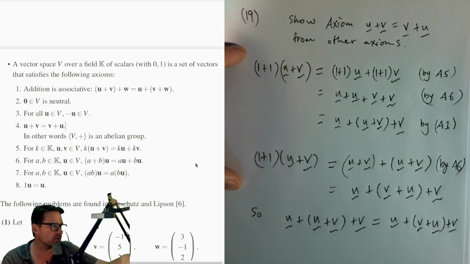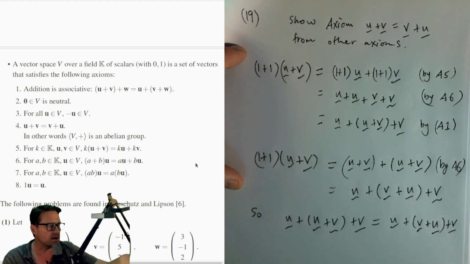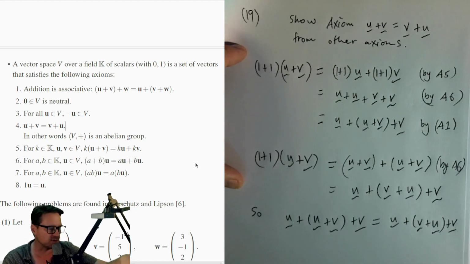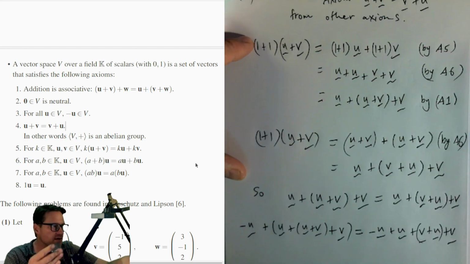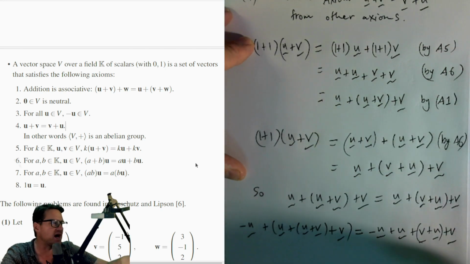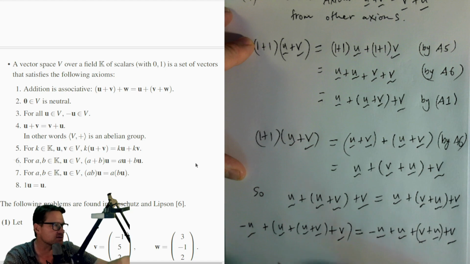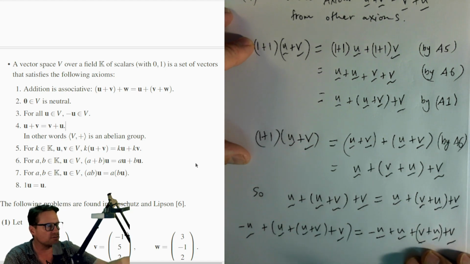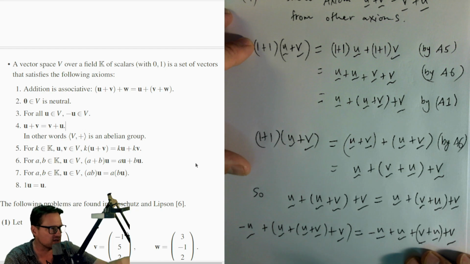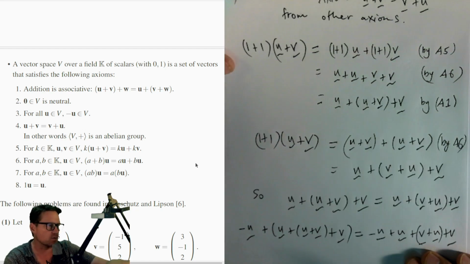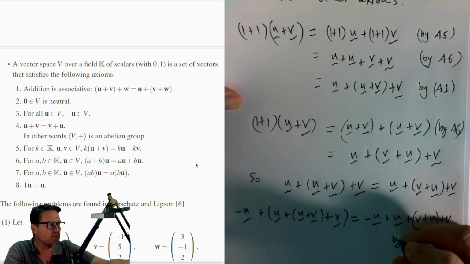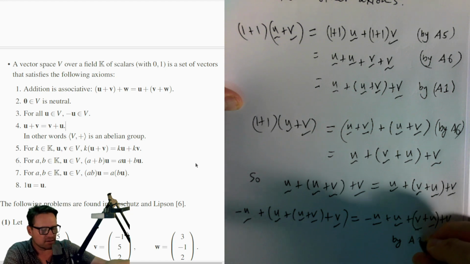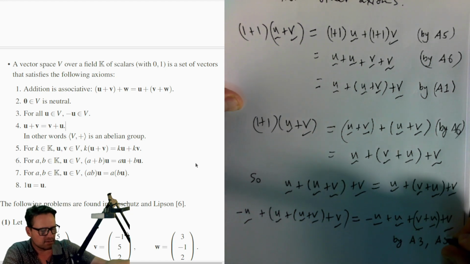And so next, what we want to do is add minus u on the left to both sides, just like this. And this is okay by axiom 3 because minus u is in V, and then the sum of two vectors that are in V is in V by axiom 5, where k is 1. So this is true by axiom 3 and axiom 5.